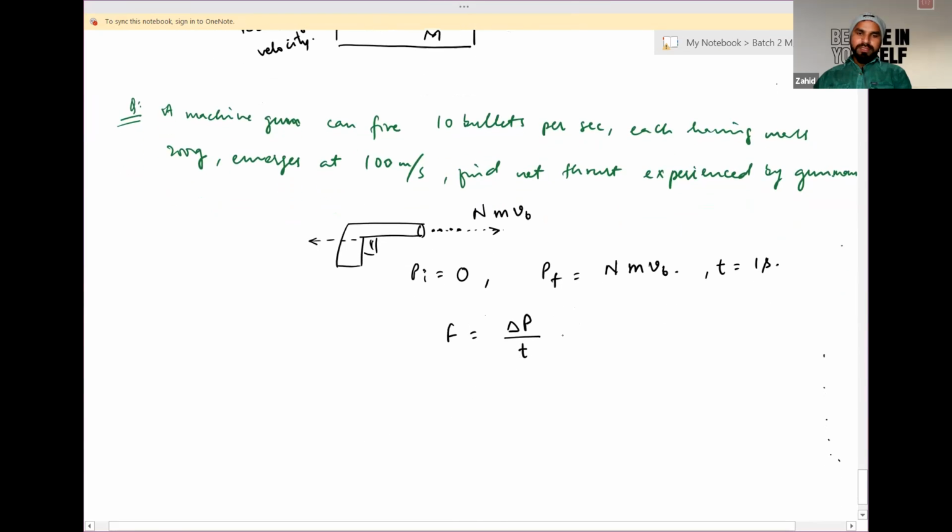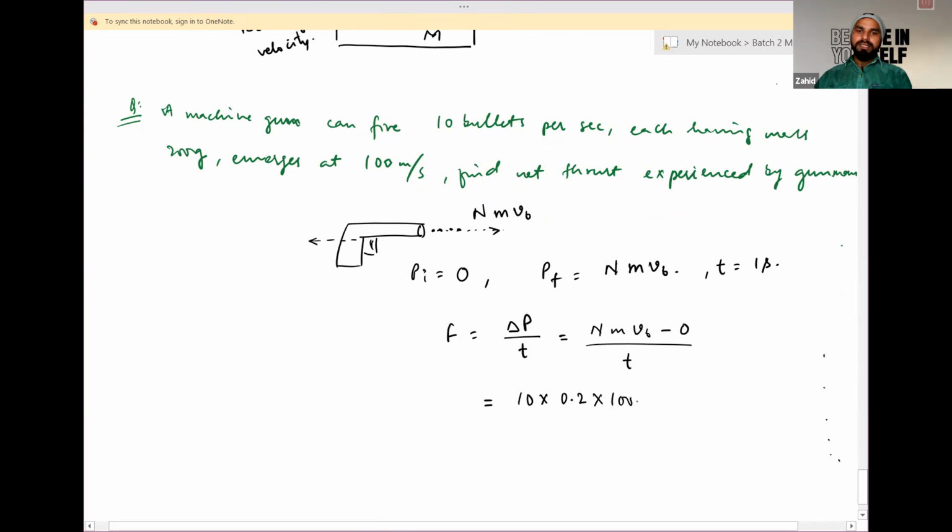If you put all the values in this part, change in linear momentum will be n m v minus 0 divided by t. Here we have number of bullets as 10. Mass of bullet is 200 gram divided by 1000, so it will be 0.2 kg.